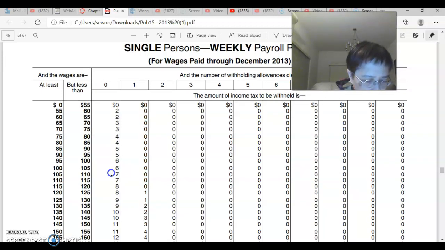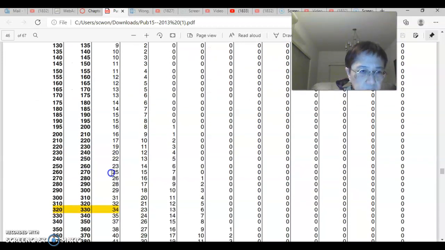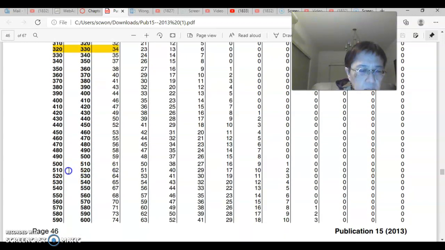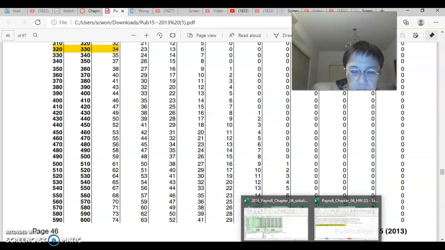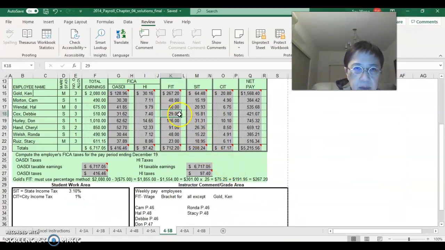Her payment was $510, at least $510 but below $520. So Debbie has 3 withholding allowances, 0, 1, 2, 3, $29 for the federal income tax withholding, $29.